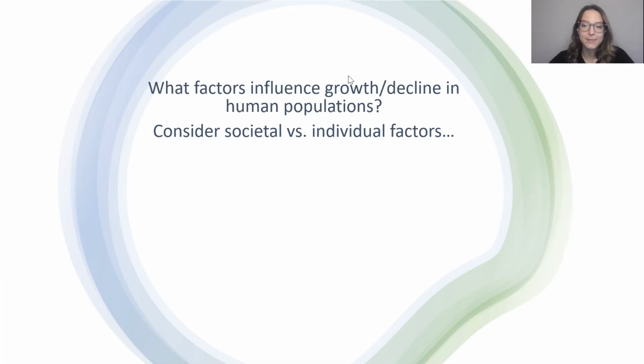Environmental problems, living environments. Yeah, these are all great ideas. Political state of a location. Yeah, so conflict, we will also cover that a little bit in today's lecture. Any other ideas?